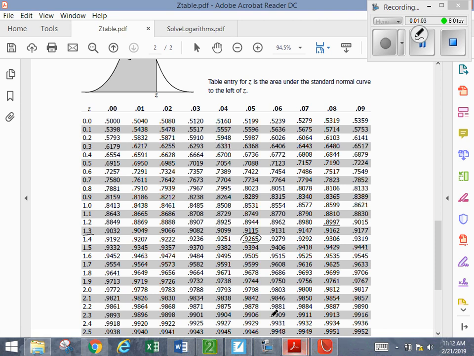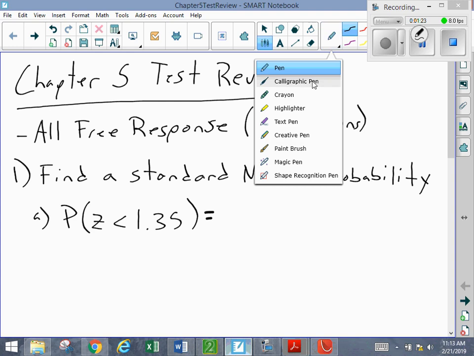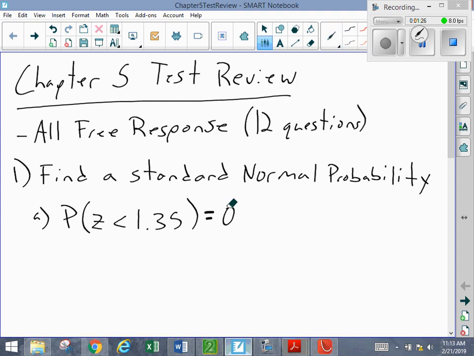Whoops, I circled the wrong one. Sorry, it's this one. Ignore this one. 0.9115. It's an approximation.